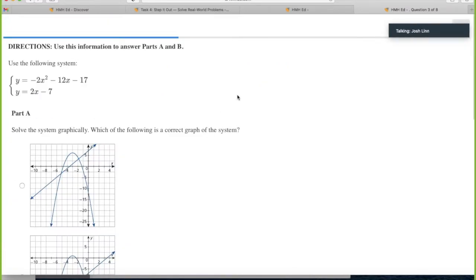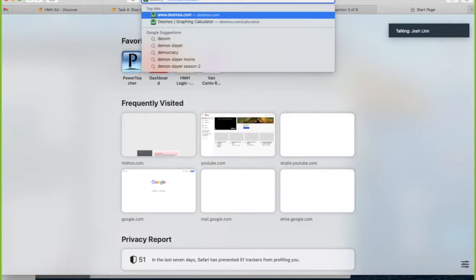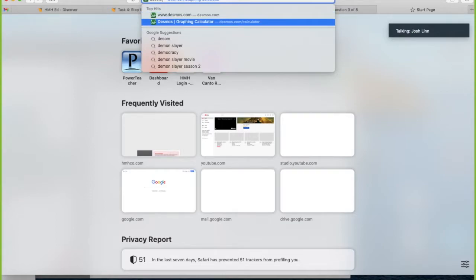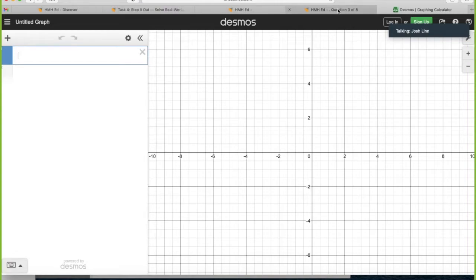All right, let's see here. When do I get to do some math? Solve the system graphically. Which of the following is the correct graph of the system? So, just to show you one other way of solving these using a graphing calculator, or at least a graphing function, whatever. So this is that wonderful Desmos website.